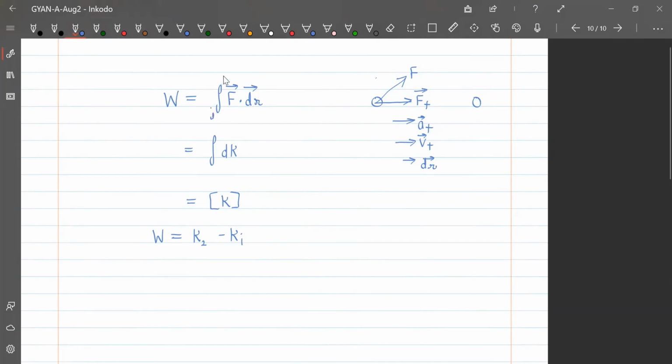तो ये है इनिशियल पॉइंट, फाइनल पॉइंट, initial point, final point, I and F. So we'll write work done on a body is equal to change in kinetic energy.